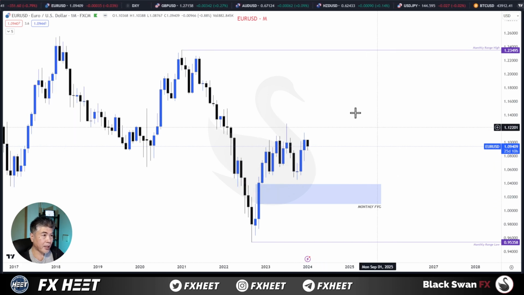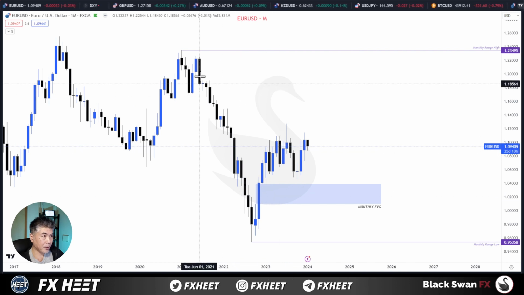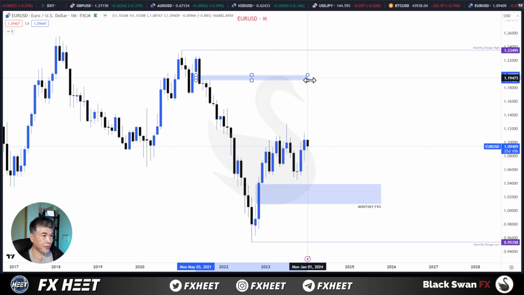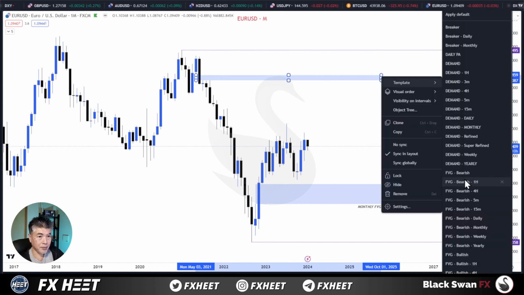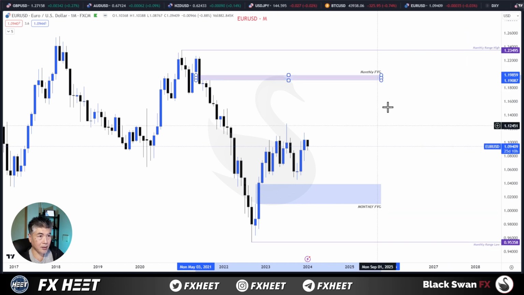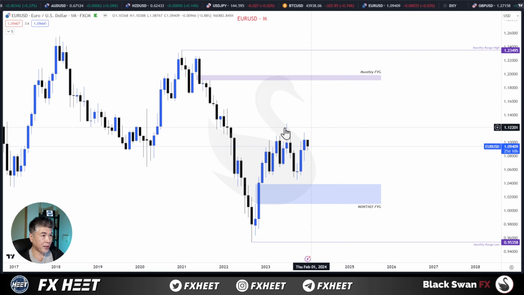And then what do we have above? We have a fair value gap at the top. It's been partially tapped into, but I will leave it, as there is a chance that it could be completely filled later on.